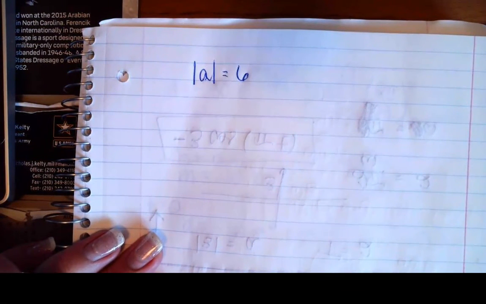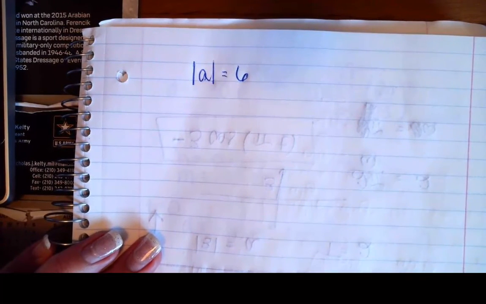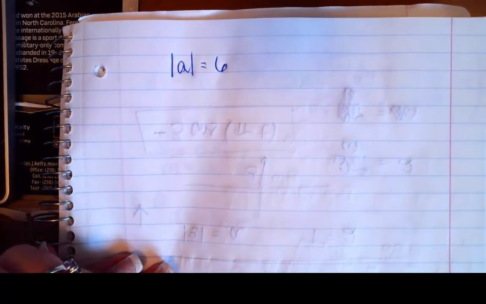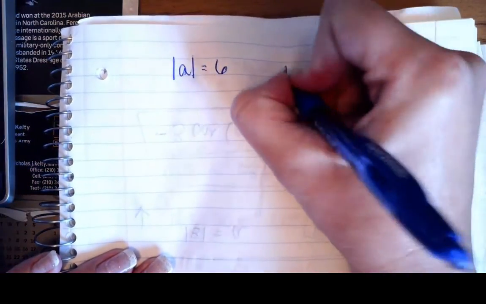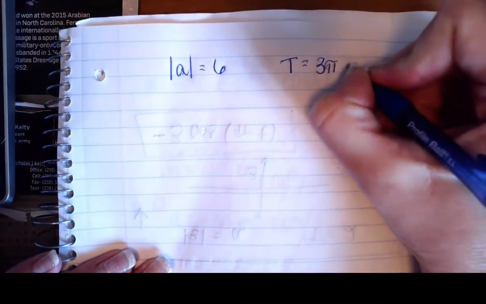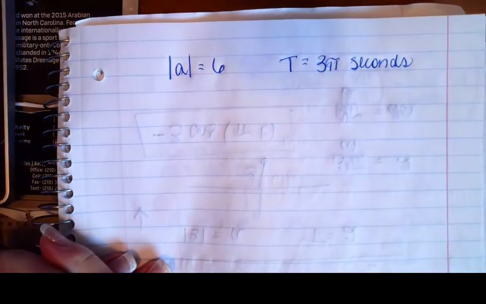Assuming that the motion is simple harmonic with a period of t, write the function that relates the displacement, or the distance, d, of the object from its rest position after t seconds. Assume that your positive direction of motion is up. So I know that A is 6, and I know that the period is 3 pi seconds.